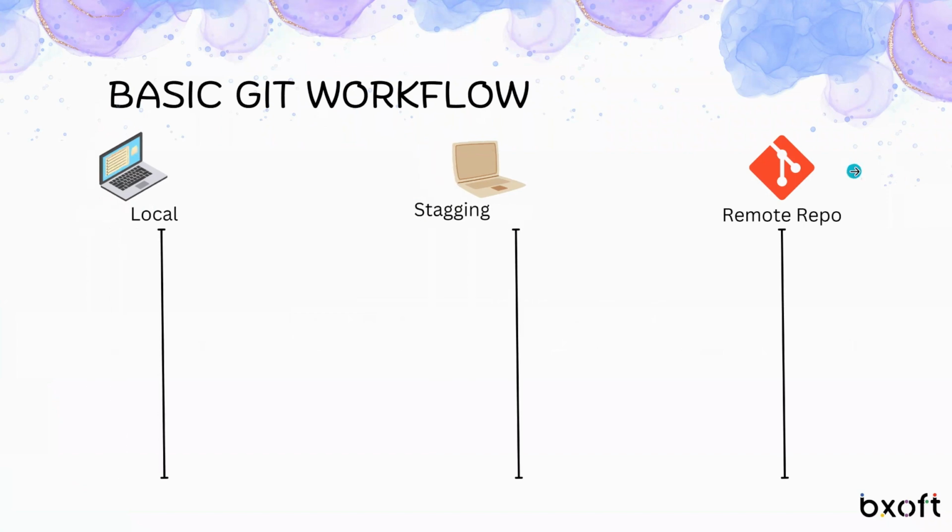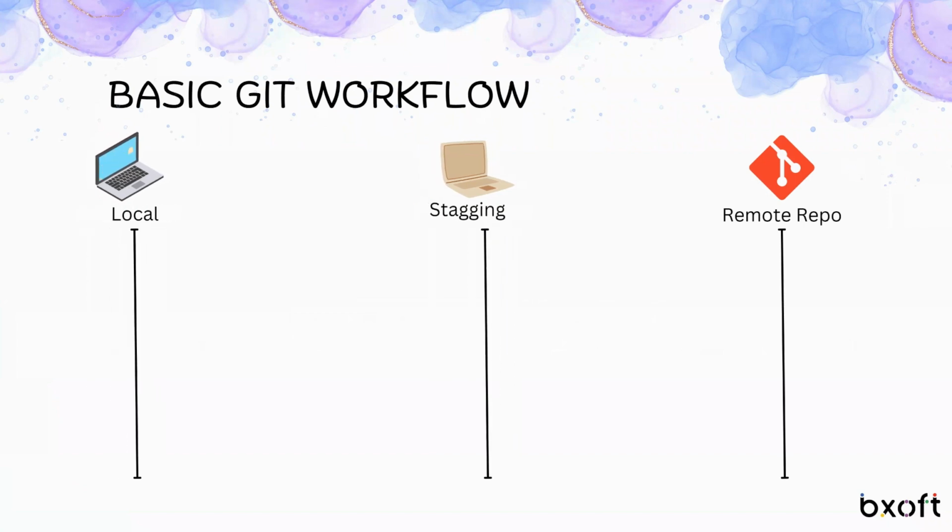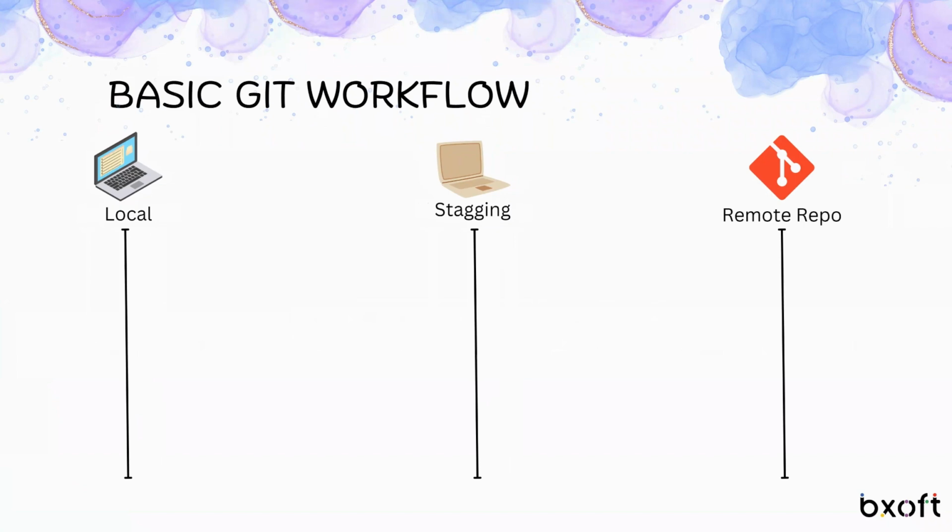This is a really important concept that you need to understand while working with Git. There are three different layers while dealing with Git: the local machine, staging, and the remote repository. What is the local machine?